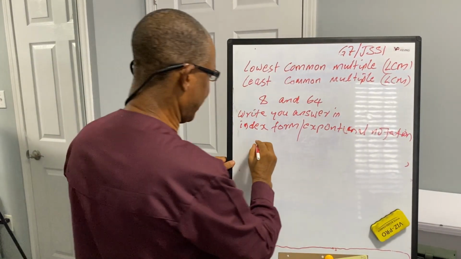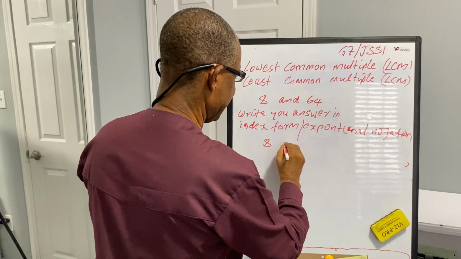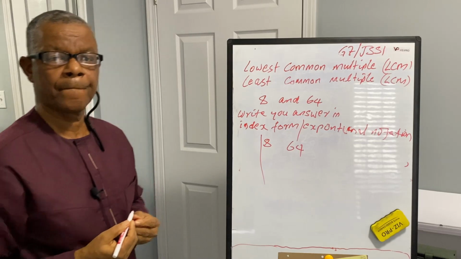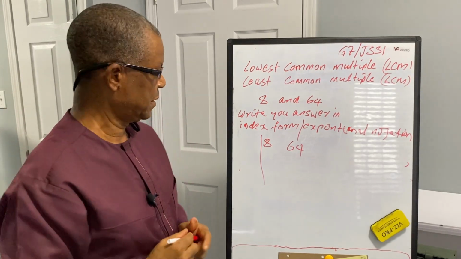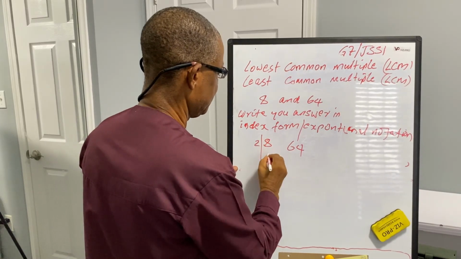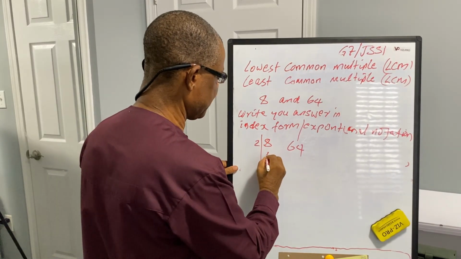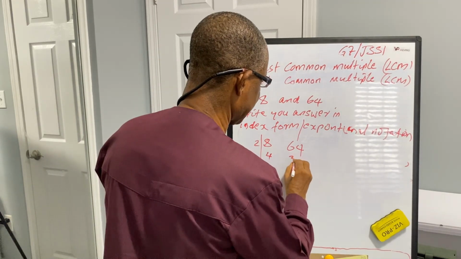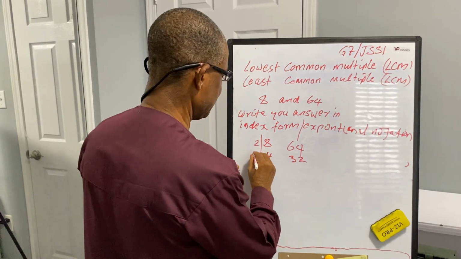Now we have our 8 and 64. You'll agree with me that 2 can divide each of these. We start from 2. Dividing 8 by 2 will give us 4. Dividing 64 by 2 will give us 32. 2 will still go.